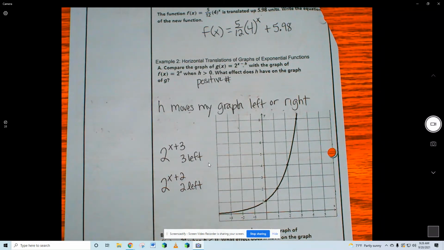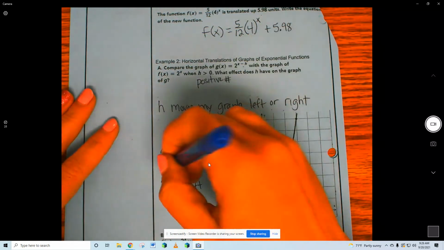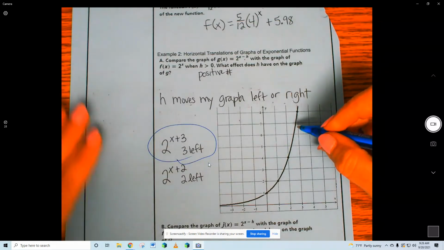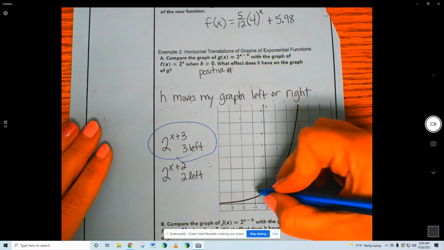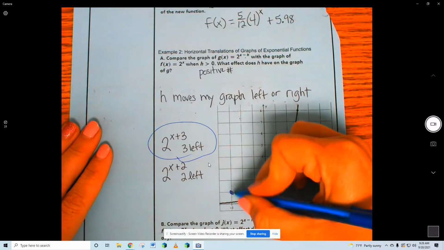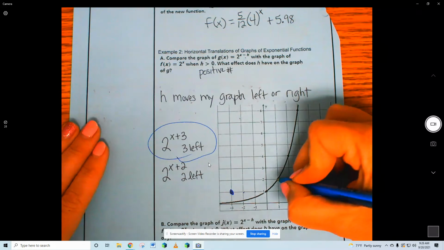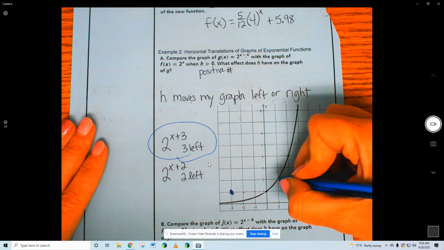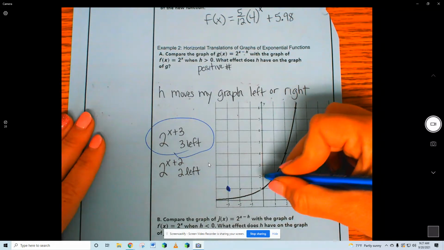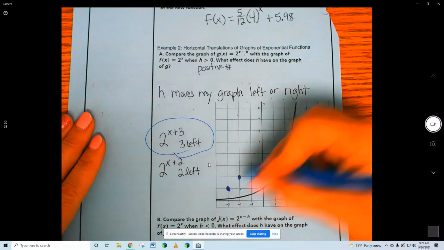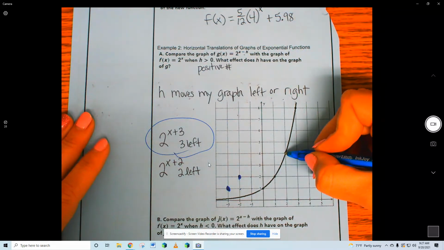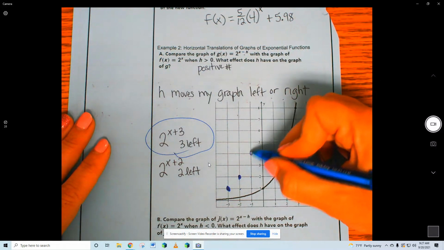So I literally would be drawing. Let's graph this one. Every ordered pair, I would just shift 3 to the left. 1, 2, 3. Every ordered pair, 3 to the left.